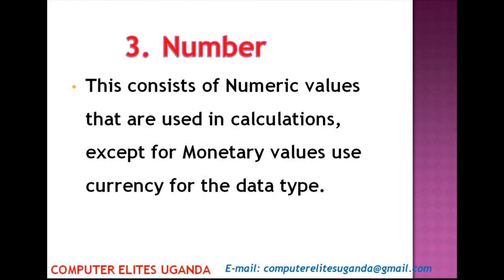The third field is number. This consists of numerical values that are used in calculations, except for monetary values. That is when you're using currencies for the data types. For example, you might be having a table that consists of numerical values, say 10, 14, which will not consist of any monetary value or currency symbols.